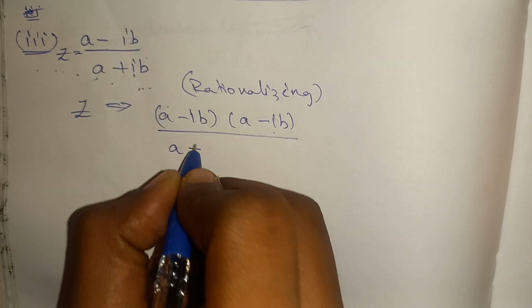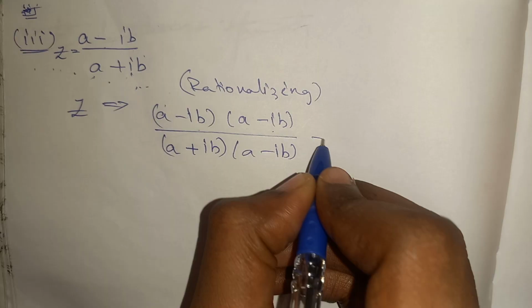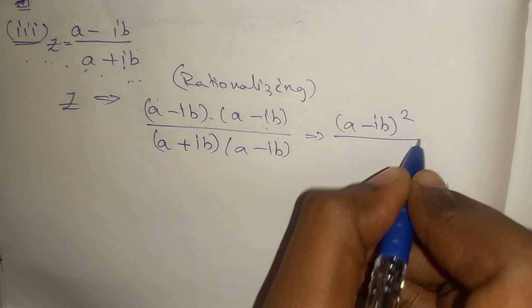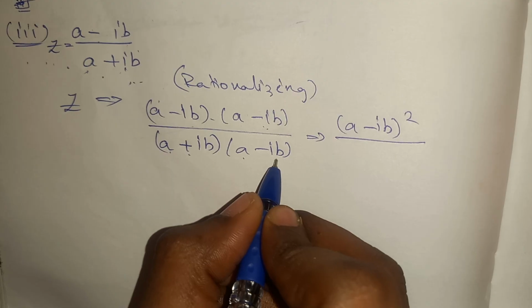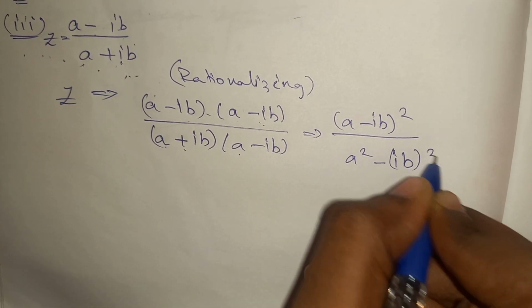So here we will get (a plus ib) into (a minus ib) in the denominator. This is nothing but (a minus ib) whole square by (a plus b) into (a minus b), which is nothing but a square minus b square.